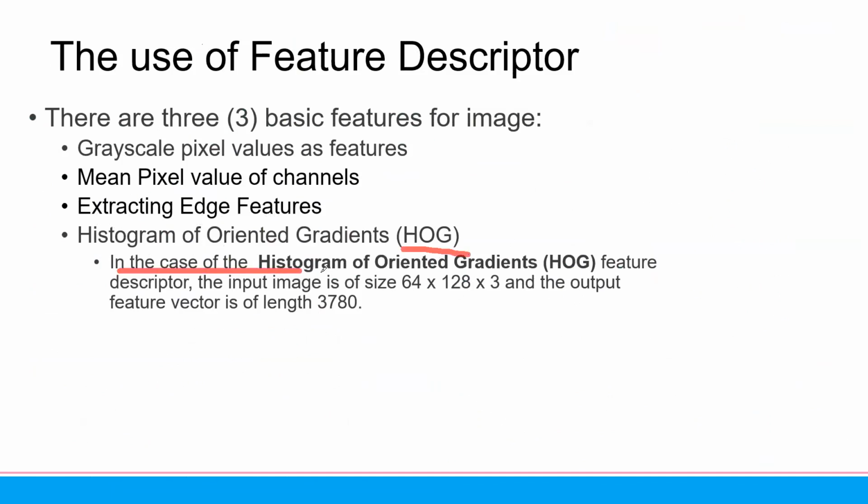In the case of histogram of oriented gradients or HOG features, the input image is 64 multiplied by 128 multiplied by 3. So this 3 is the 3 channels. And the output vector is of length 3780. So this is the common HOG features.